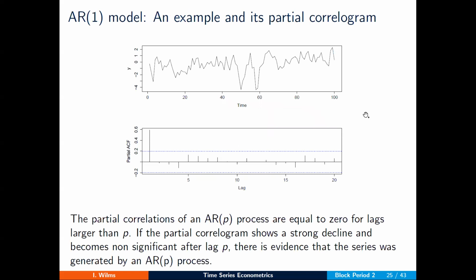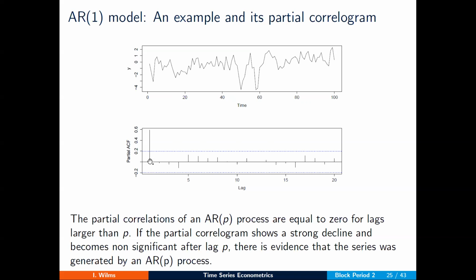In fact, if we would be making the partial correlogram of an AR(1) process, we would be getting something like this. Note, very confusingly, that in R, the partial correlogram starts at lag 1, so not at lag 0, as was the case for the correlogram. So don't make mistakes on this in R. What do we see?